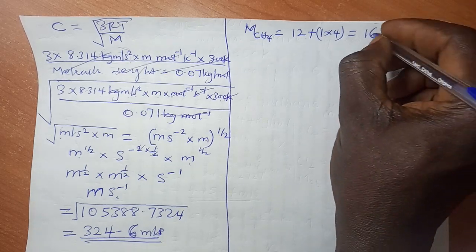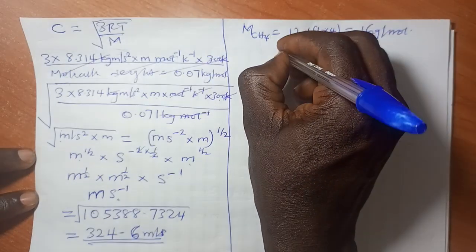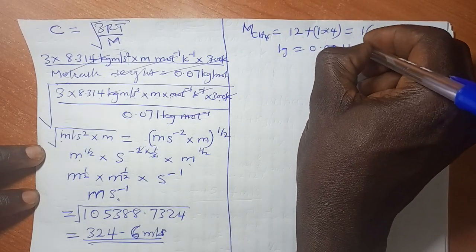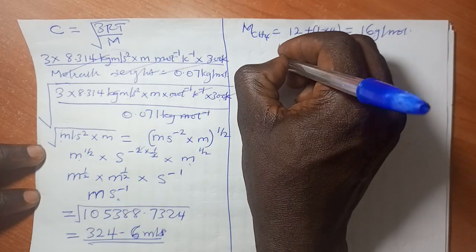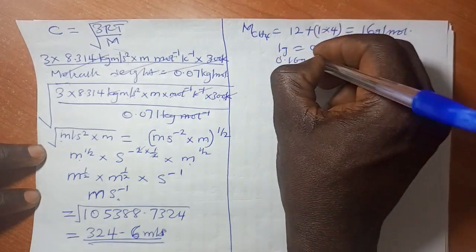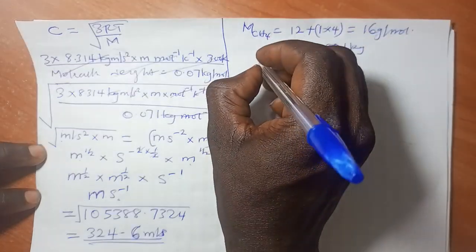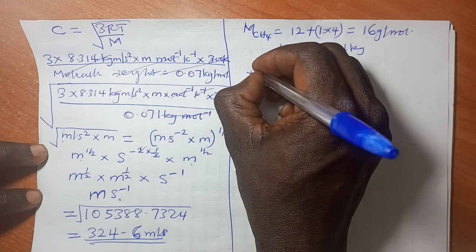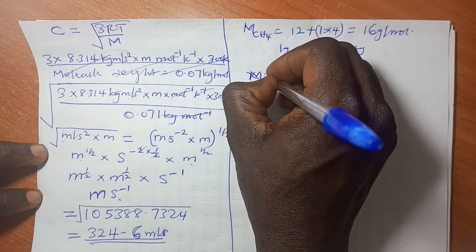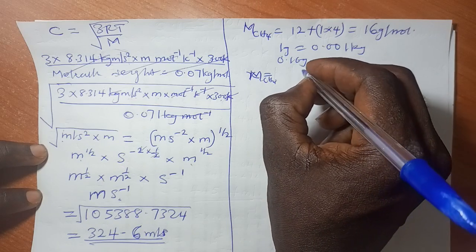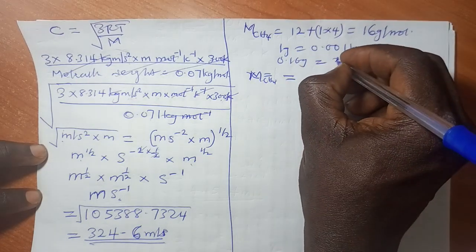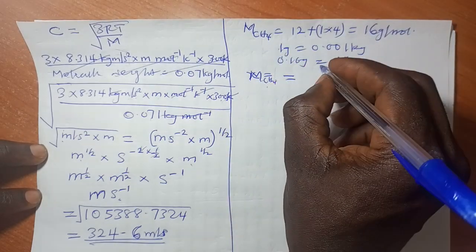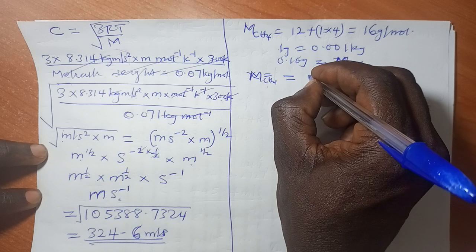Okay, so you convert it to kilogram. I say if 1 gram is equal to 0.001 kilogram, therefore 16 gram will be equivalent to x. So x will be equivalent to M of CH4, which will be M of CH4 times 1.